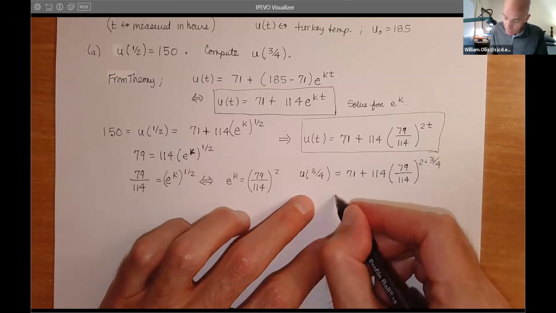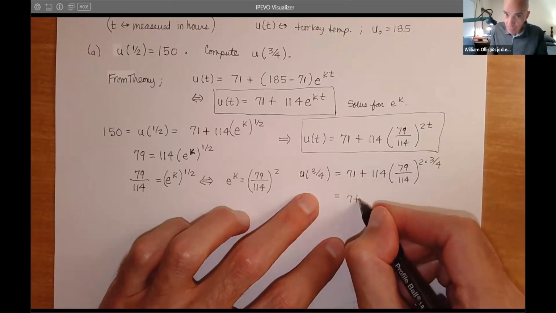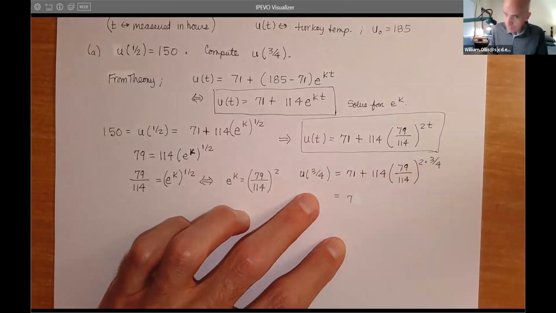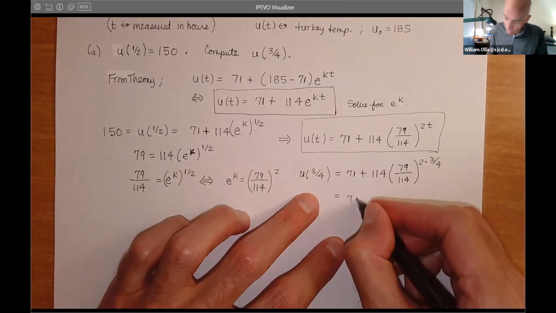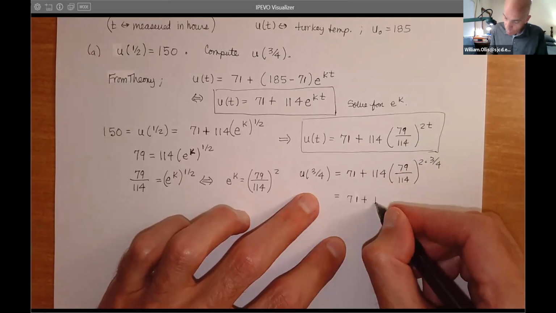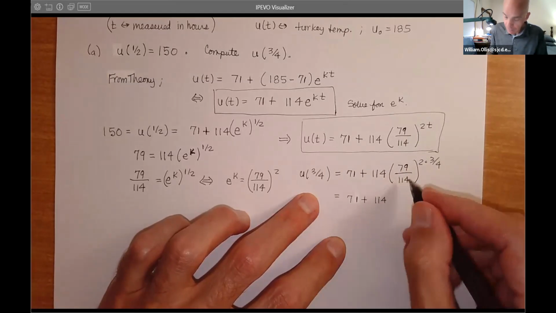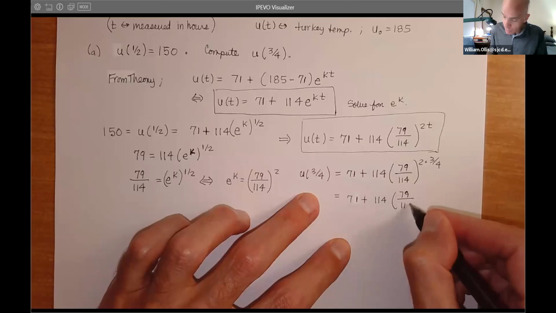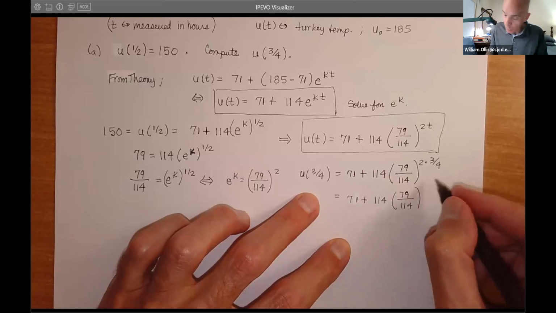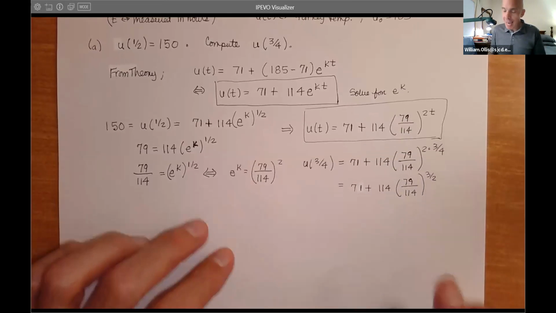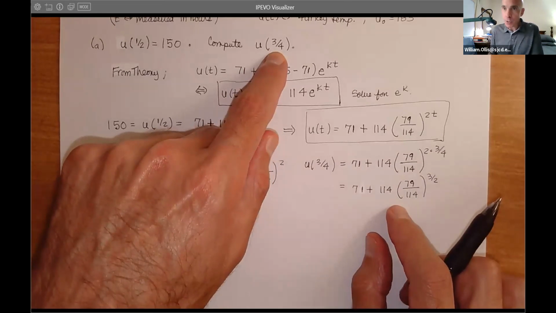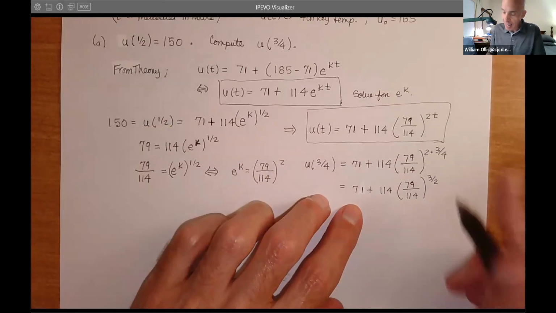So this gives us 71 plus 114 times 79 over 114 to the 3/2. And that's the exact temperature after 45 minutes, or 3/4 hours. This is exact.